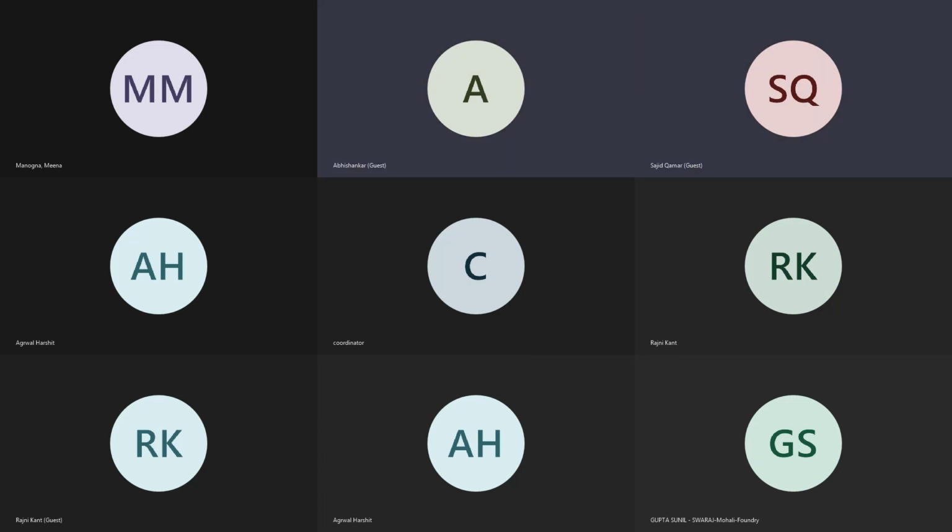Yes, sir. I solved that problem. Okay, so you have solved this. How did you solve that? There were some outliers, so I log transformed that. Then the problem was solved.